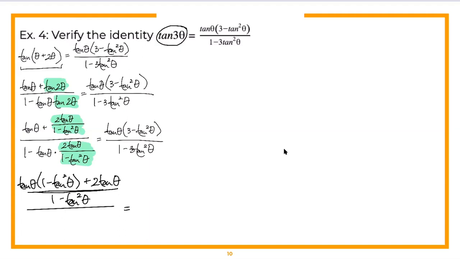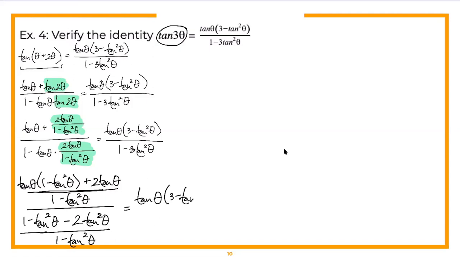And then on the bottom, common denominator is going to be the same thing, 1 minus tangent squared theta. And I'm going to have 1 minus tangent squared theta minus 2 tangent squared theta. And I want to make that equal to what I had on the right-hand side.